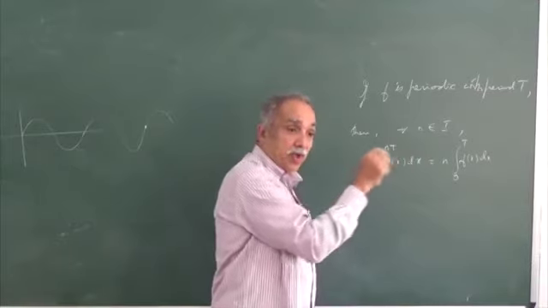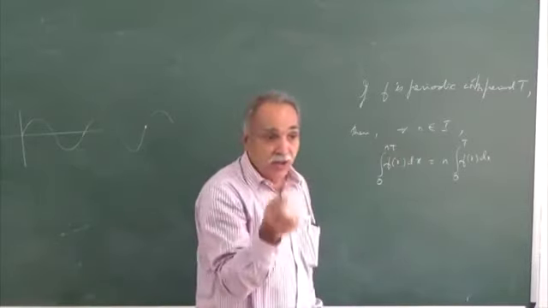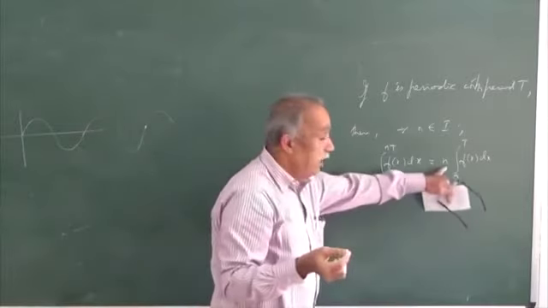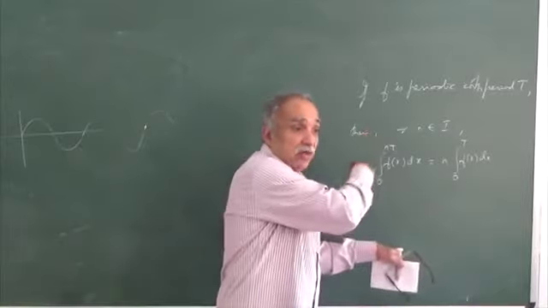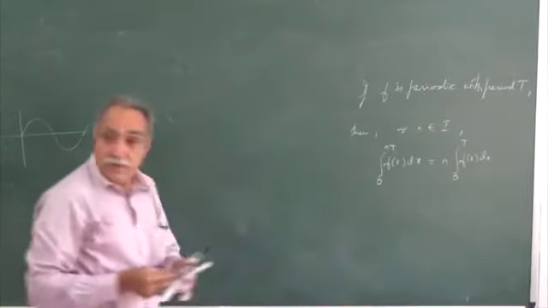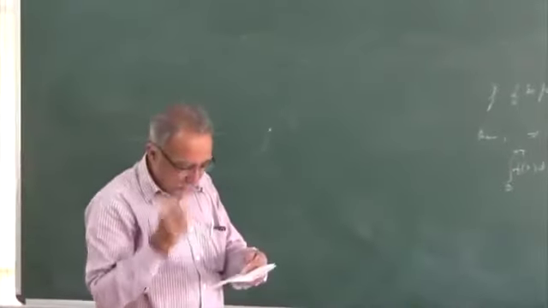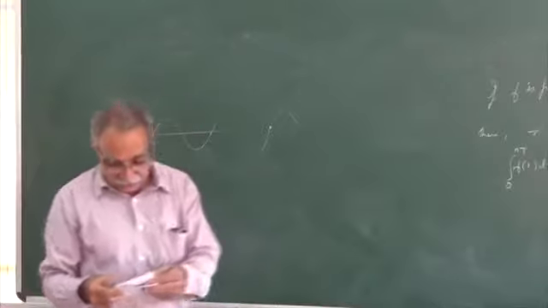You consider any one interval of length t, evaluate the integral over that interval, multiply it by the number of times the interval is recurring in this interval of integration, and you get your answer. Your starting point need not be equal to 0, it may be something else also.